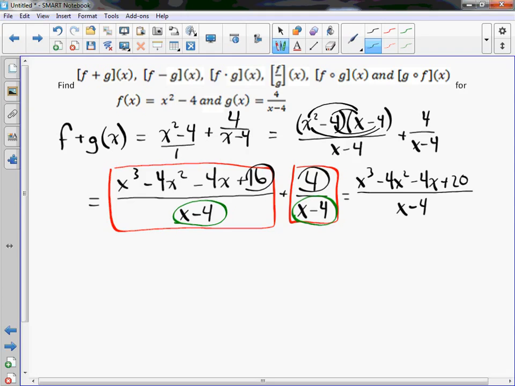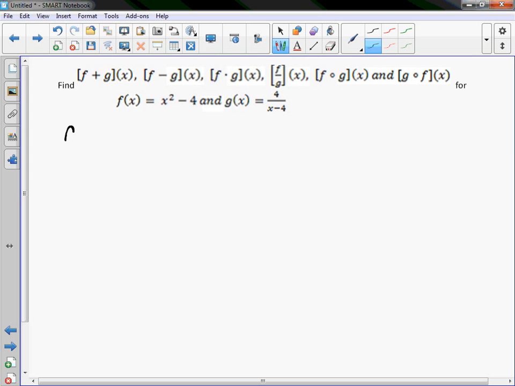Subtracting, the same idea. Okay, you can pause that to get those if you want. I'm going to erase them now. So subtracting f minus g of x. Okay, we just take f and we're going to subtract. I'm going to put that in parentheses just so I don't forget what I'm doing with it.